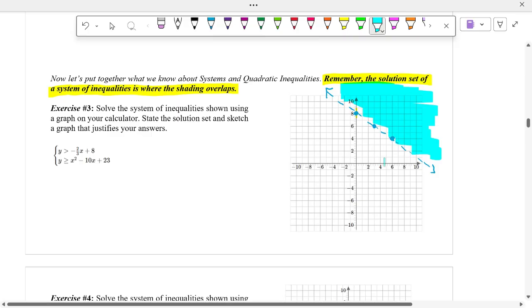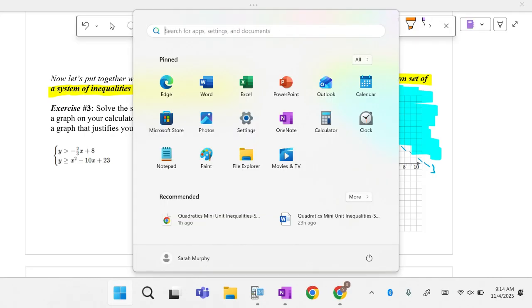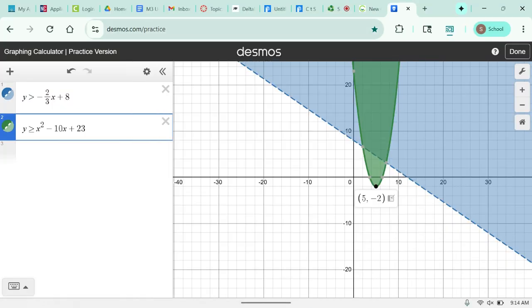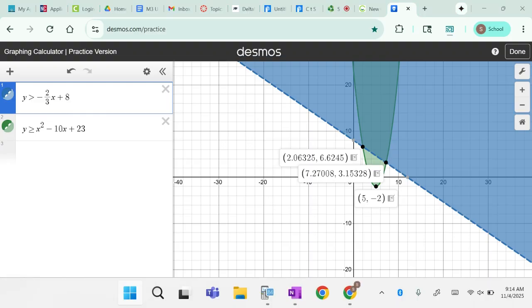So vertex is at 5, -2, so right here. And then it intersects at around 2.1, 6.6, and 7.2, 3.2.